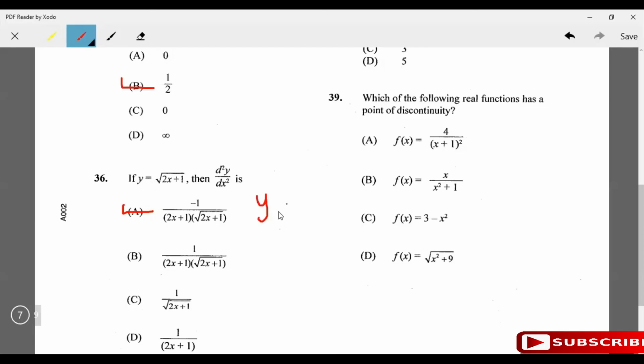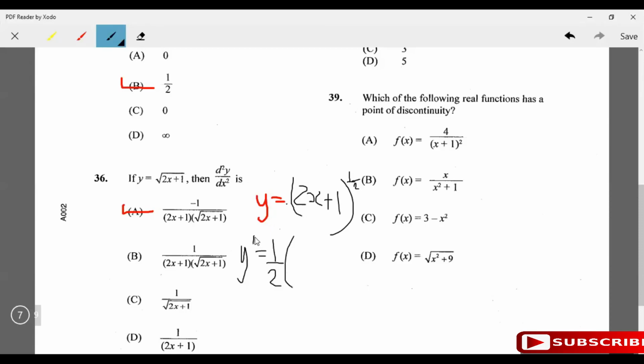So y is equal to the root of 2x plus 1, which is the same thing as 2x plus 1 to the half power. And so y prime, which is the same as dy by dx, is a half.